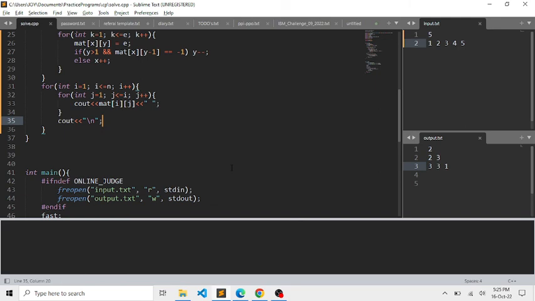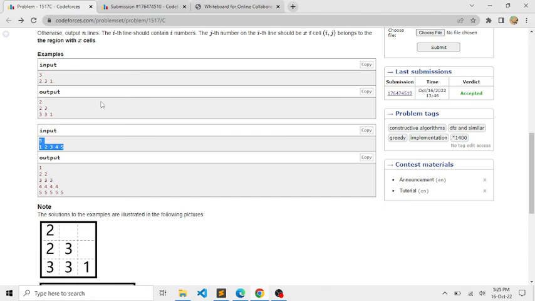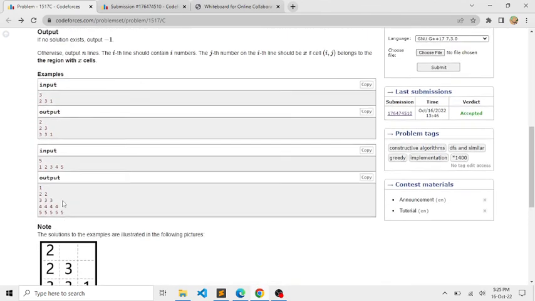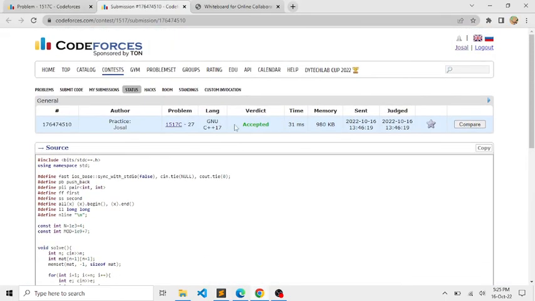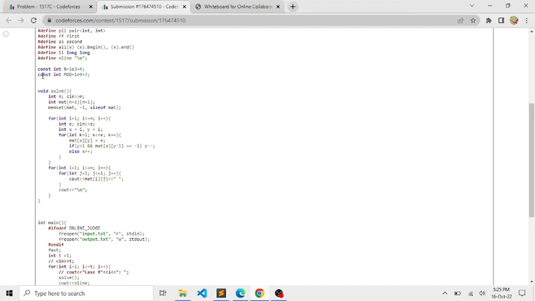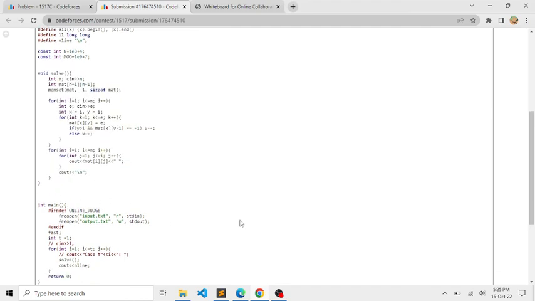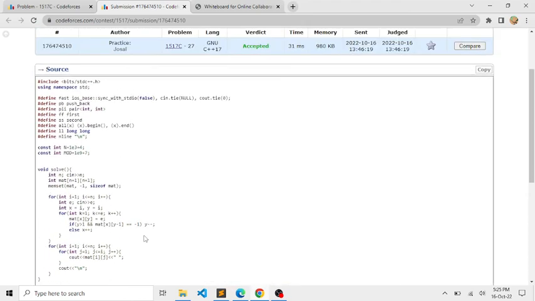And again, I believe it will give the same output. Yes, the output is exactly matching the output that is defined here. So these two conditions are passing. Also, I've already submitted the same code, and it is also accepted. So our solution is correct as it works.